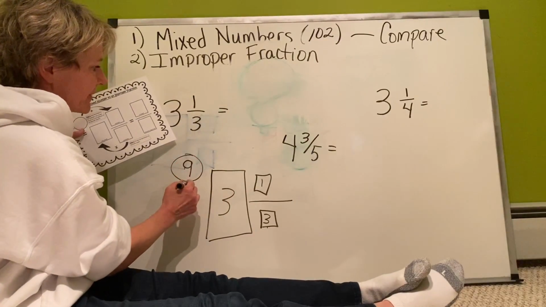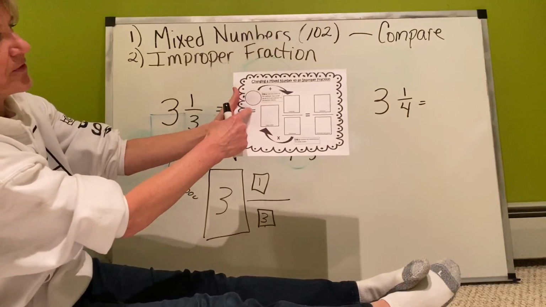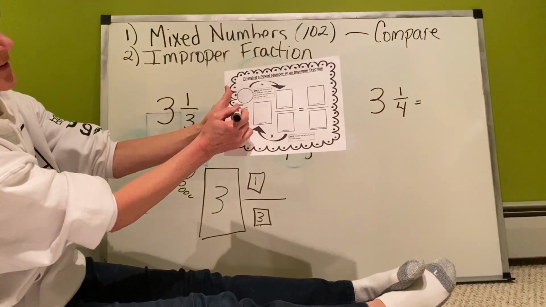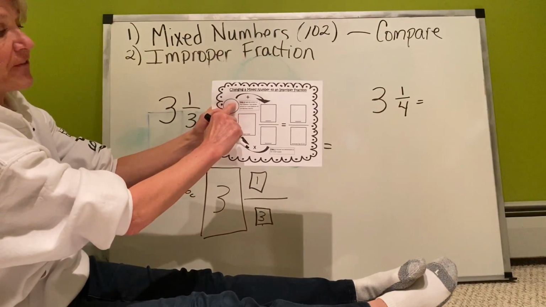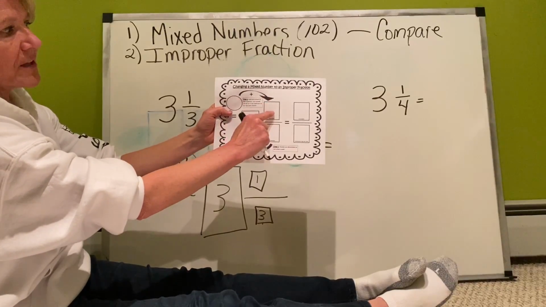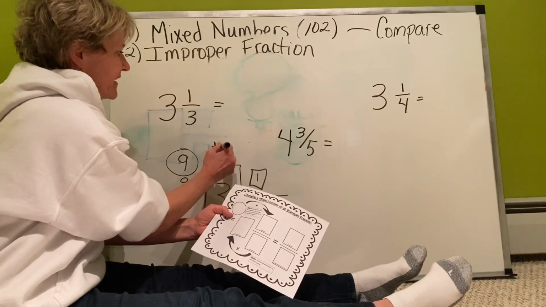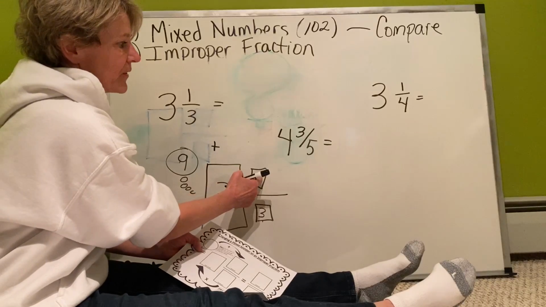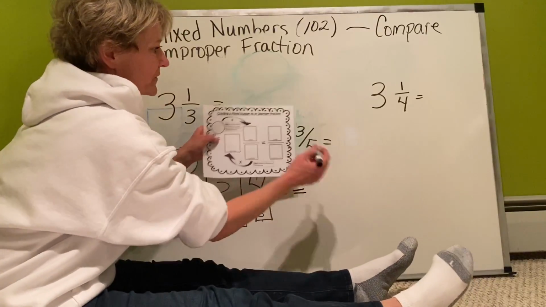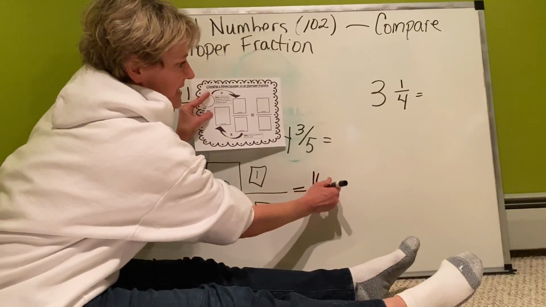This is my thinking bubble. But they didn't do the other little circles. 9. Then follow the arrow. 9 plus whatever's in here. 9 plus 1 equals 10.